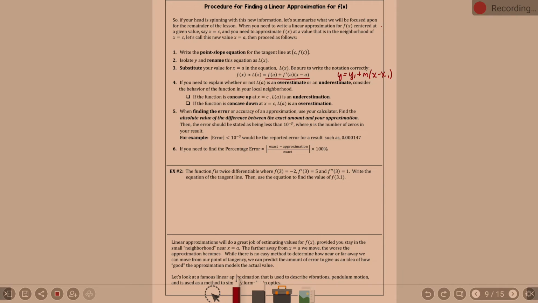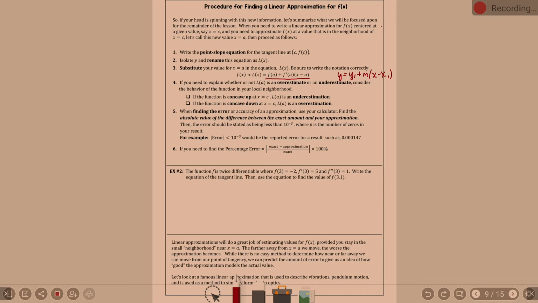So, for example, for an error such as 0.000147, that would be reported as error less than 10 to the negative third. Okay, and then if you need to find percentage error, there's that formula that you said was a little familiar to you.